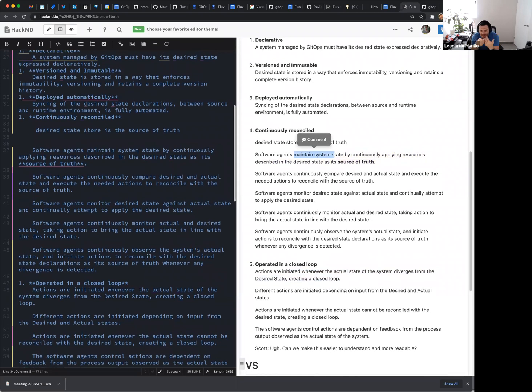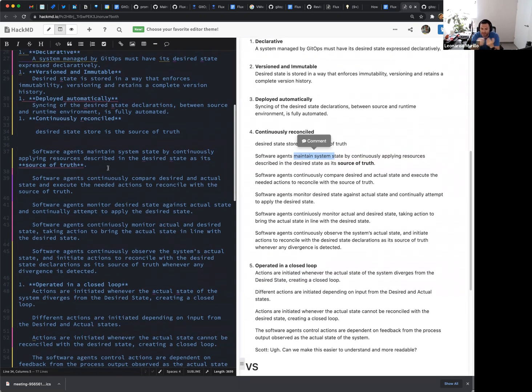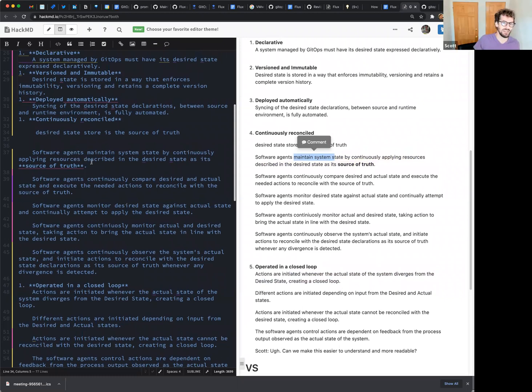It's not that the state is checked once and you're done with it, or checked only when the PR is merged. The state is continuously being compared. To me that's the biggest value, and that's why we want to say that the state store is the source of truth, the desired state.